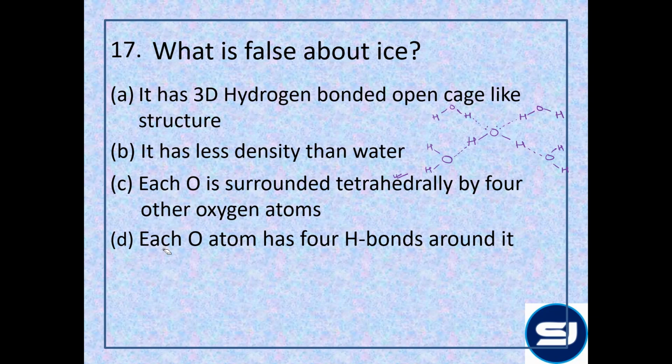But this is the correct statement as per the NCERT line, that is why we have to consider it correct. If this is correct, then option D will be false. Each oxygen atom has 4 H bonds around it. One oxygen is having how many H bonds? Two. 2 hydrogens are covalent and 2 hydrogens are H bonded. So it will have 2 H bonds, not 4. Answer is D. But the third statement is a correct statement as per the NCERT line.